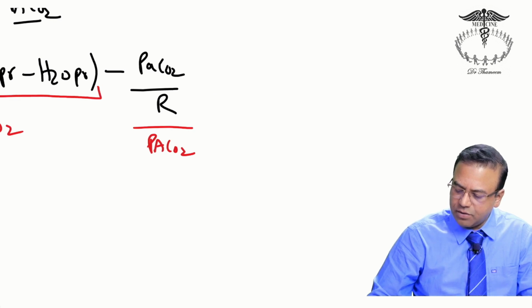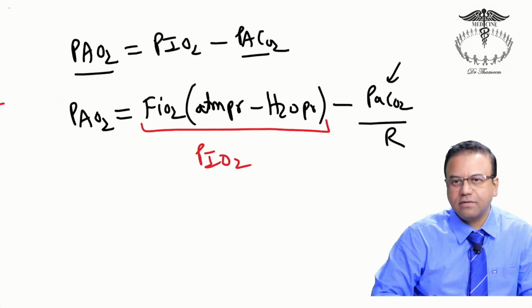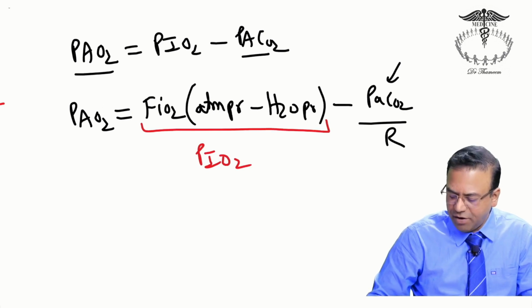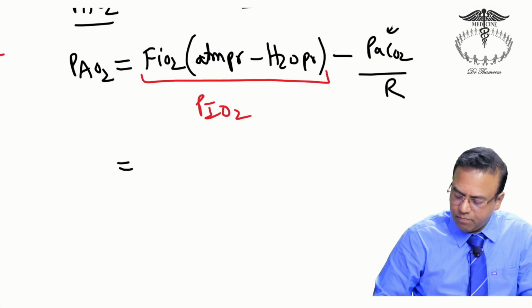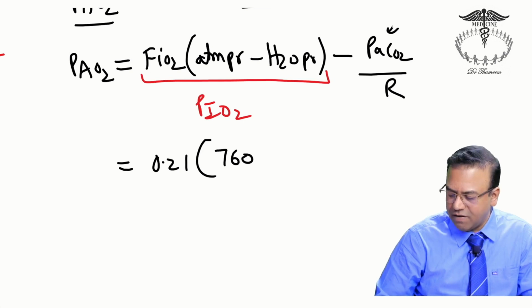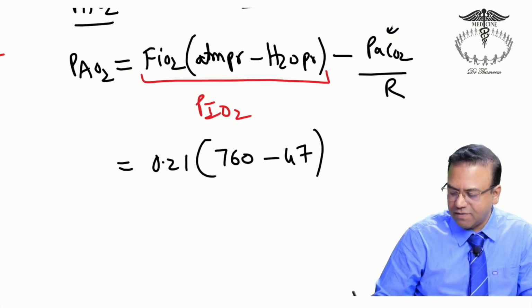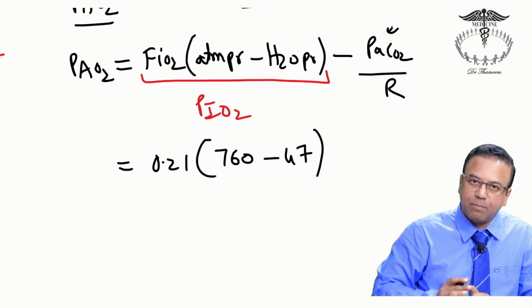So having understood that PaCO2 is obtained by arterial gas, the ABG, FiO2 roughly in a person at sea level is 21%, that is 0.21. Atmospheric pressure at sea level is 760. The water vapor pressure is around 47. What alters the water vapor pressure is not height above sea level, unlike atmospheric pressure.